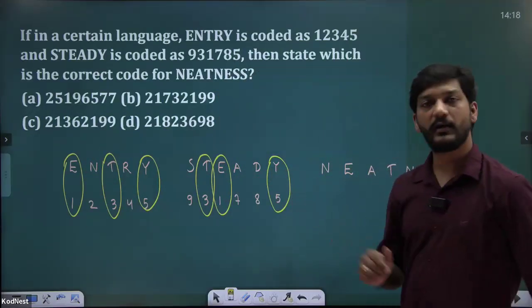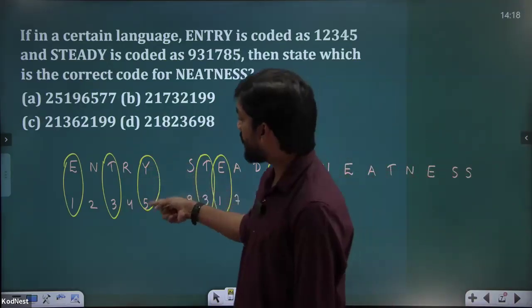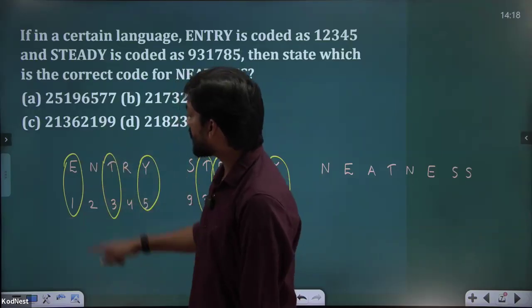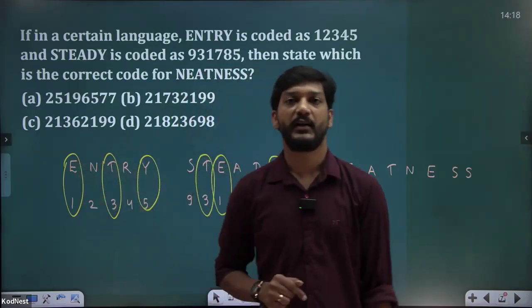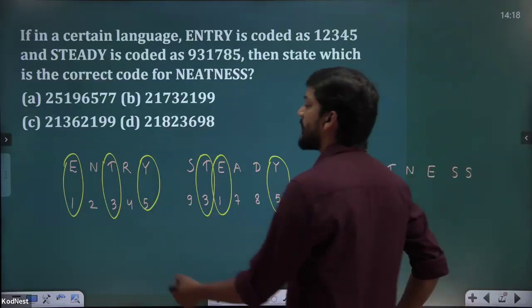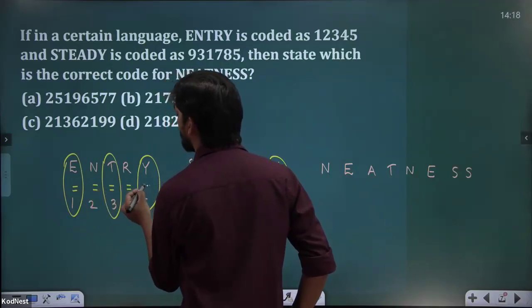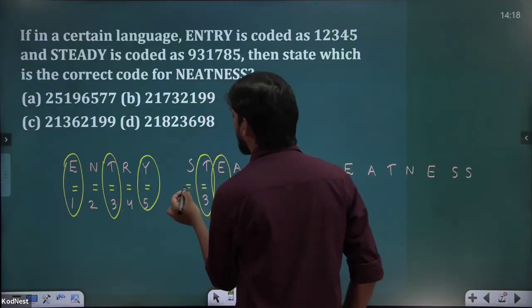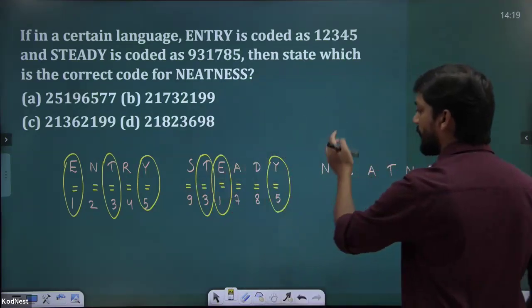So whenever you see in two different words the same code for each letter, that means the code of each letter is the number which has been given. So no relation with the place value in this question. It is actually e equals to 1, n equals to 2, t equals to 3, like this.